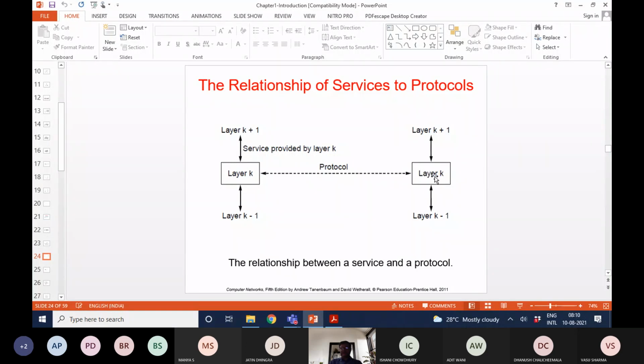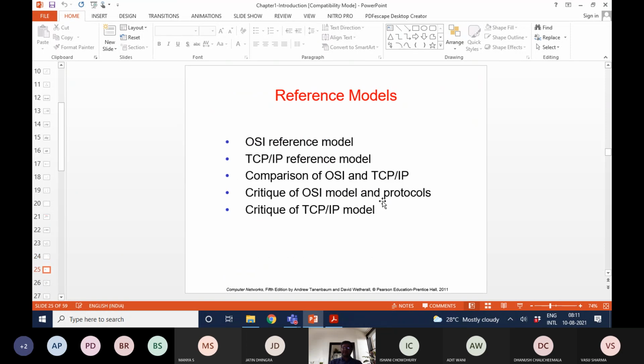Just below that layer we have layer K minus 1, and just above it layer K plus 1. So we have a protocol stack, and layer K has a communication path to layer K plus 1 and also to layer K minus 1. This is how the relationship is established.